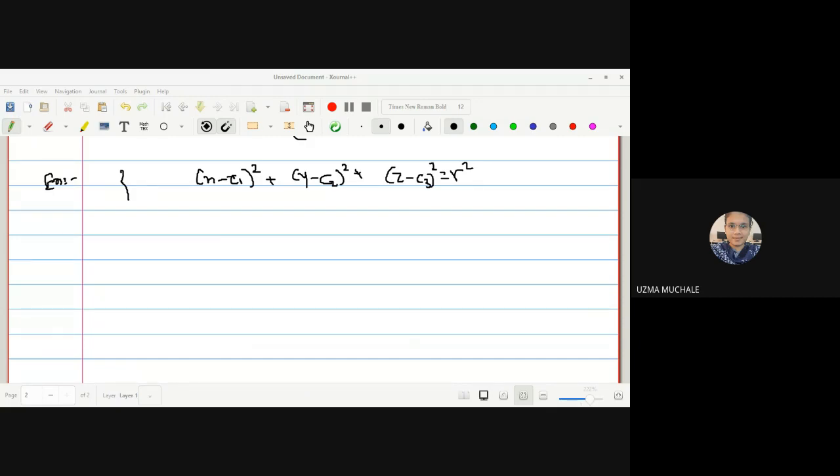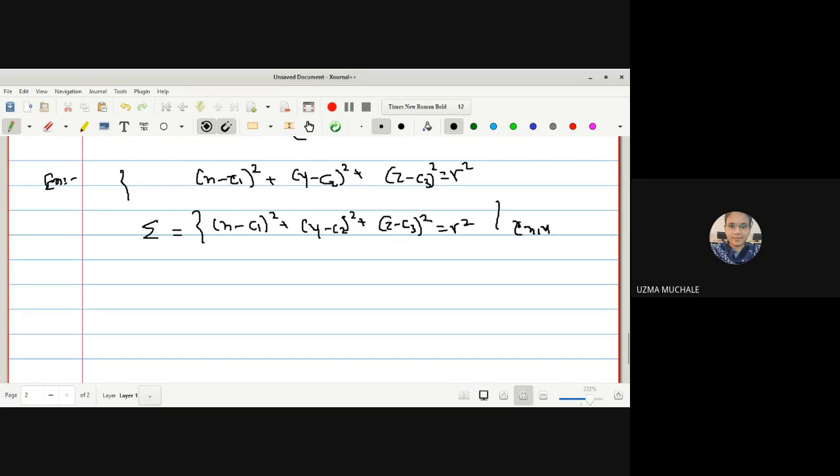Now we have to first find out what the function g is, and then after that find dg. Mostly in the differential geometry paper we denote the sphere by this notation: x minus c1 square plus y minus c2 square plus z minus c3 square equals r square, on the condition that x, y, z are elements of E3 space.